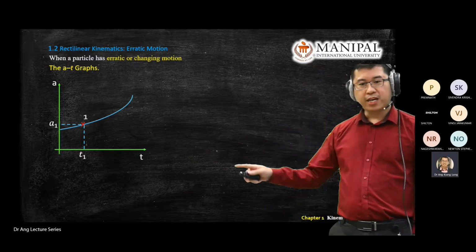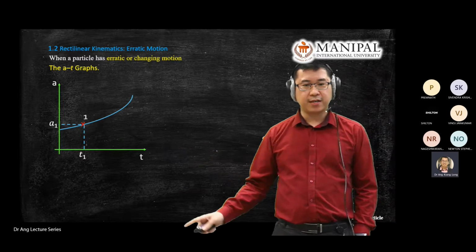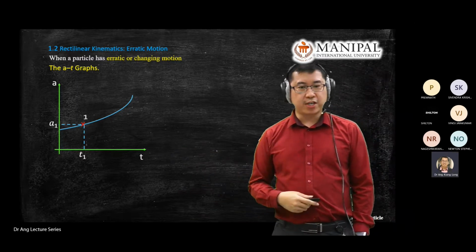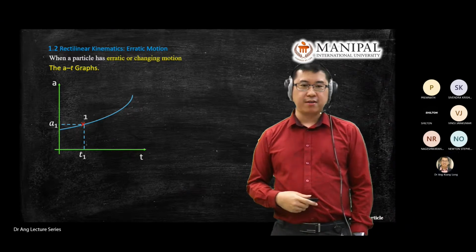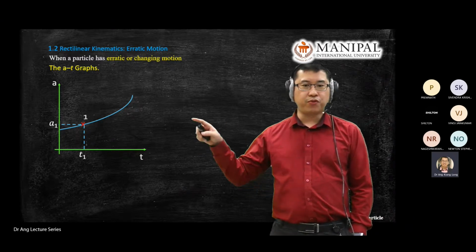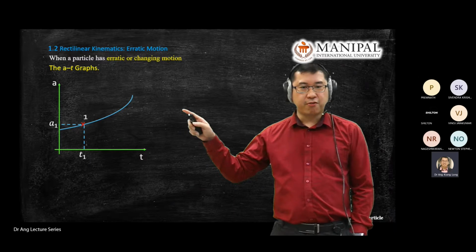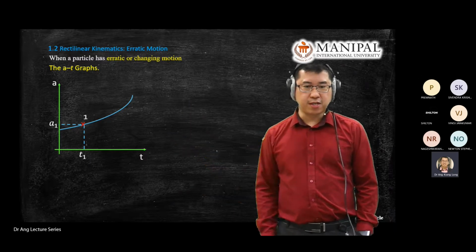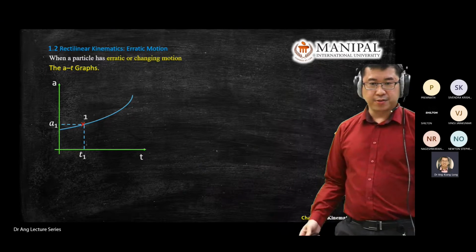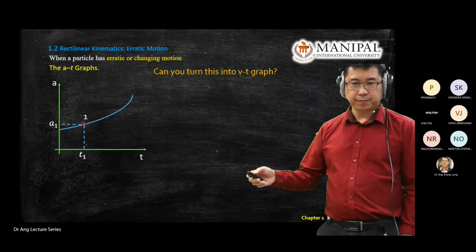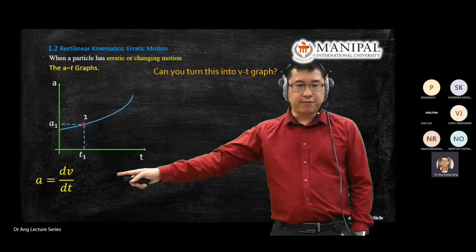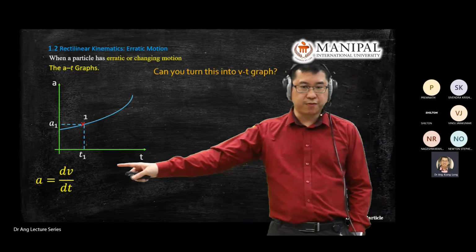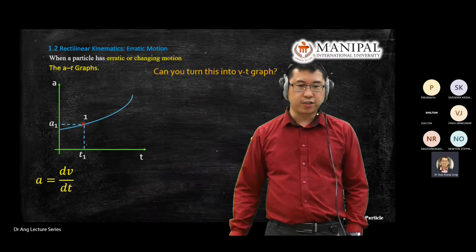So what information can we get from here? Just in case you have acceleration versus T data, can you reverse the process from A versus T back to V versus T, back to S versus T? The answer is yes. How do we do it? You know the definition of acceleration. Acceleration is a change of velocity divided by change of time.